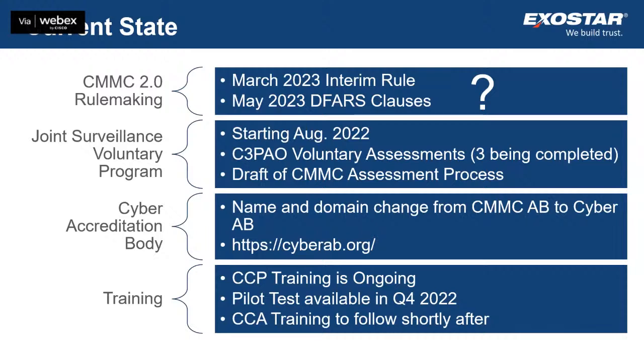Last year, we were taking the guidance from the Department of Defense that in March of 2023, CMMC would be released as what's called an interim rule. Once it comes out in that designation, there's a 60-day public comment period, and then it gets finalized, and that's when you'll start to see it appear in DFARS clauses.